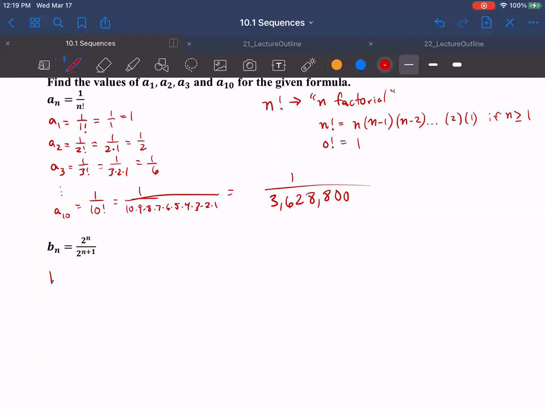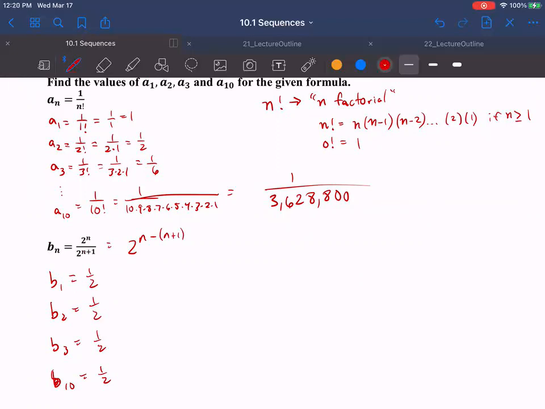So B1 was what? And B2 was what? And B3 was? And B10 was? Good. If you look at this, this is 2 to the n minus n plus 1, right?